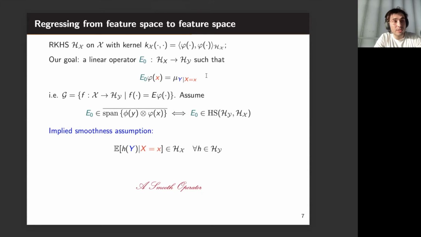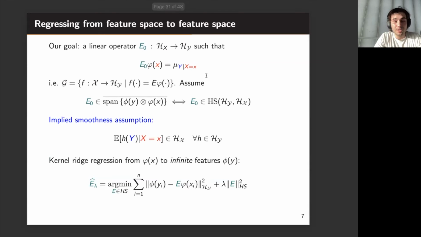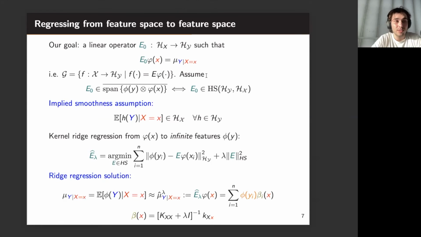Next, plugging those modeling choices into our initial empirical risk minimization problem, we get the following. We optimize over matrices that map features of X to features of Y with minimal empirical loss. The regularization term is a Hilbert-Schmidt norm of the operator that reflects its smoothness. This optimization problem has the nice property of admitting a closed form solution with a very similar shape to scalar ridge regression.